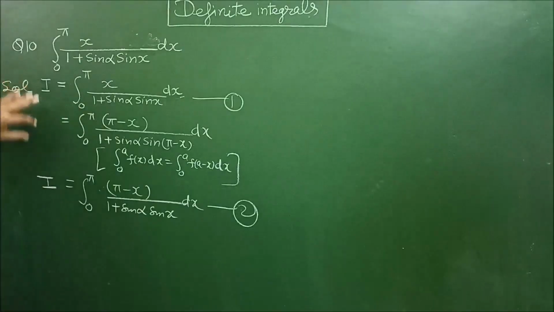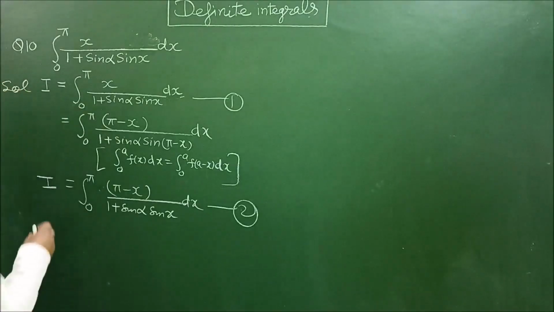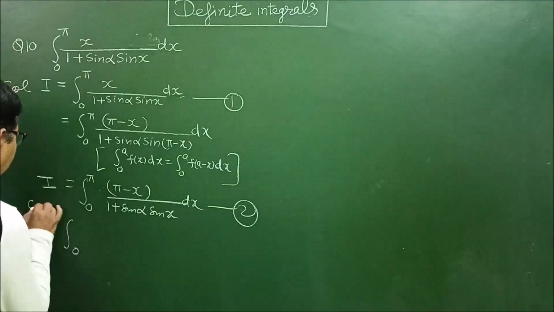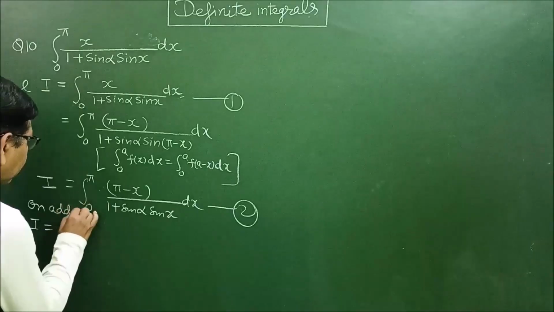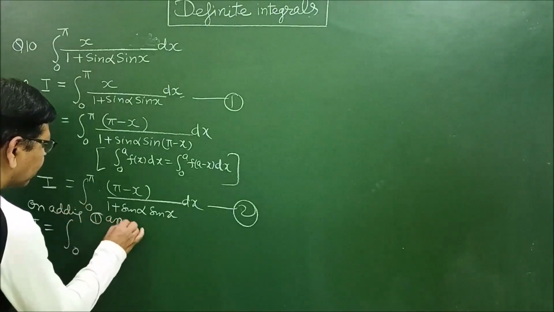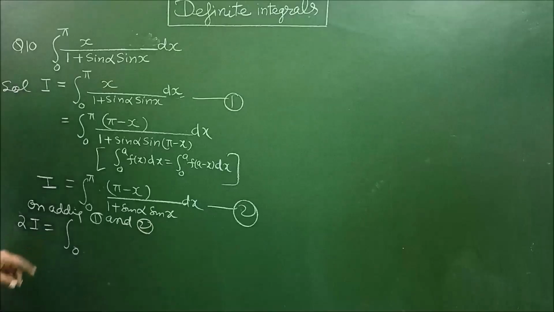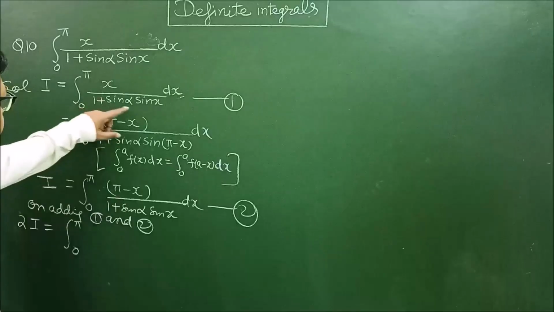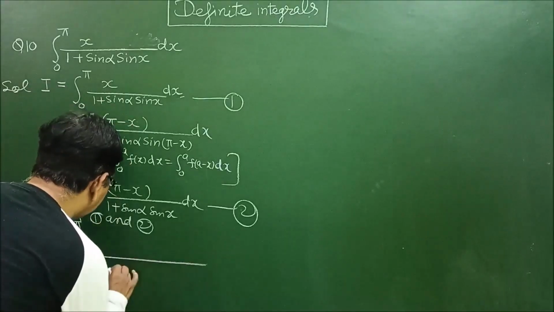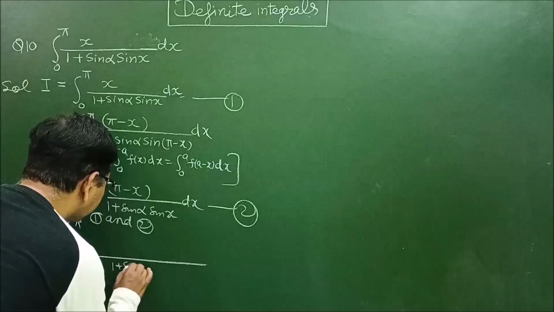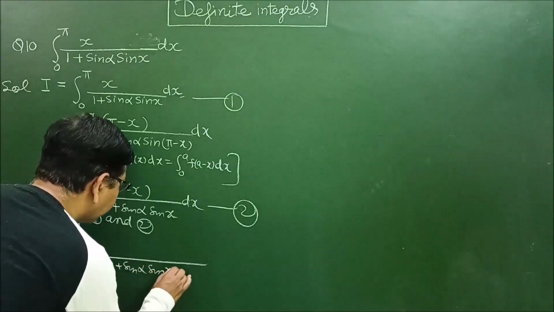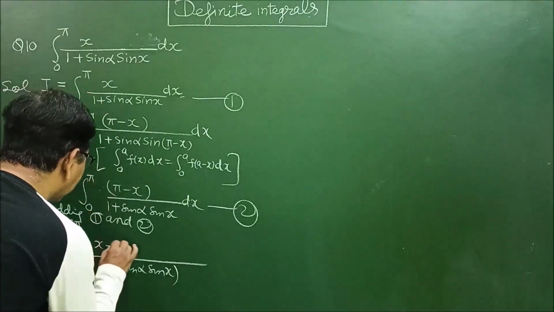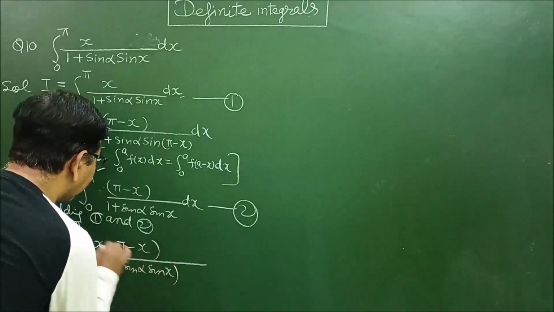Now adding these two integrals, अगर हम दोनों को ऐड कर लें तो 2I will be equal to integral 0 to pi, on adding first and second. Both are having the same denominator 1 plus sine alpha into sine x, and in the numerator ये दोनों फंक्शंस में x plus pi minus x dx.